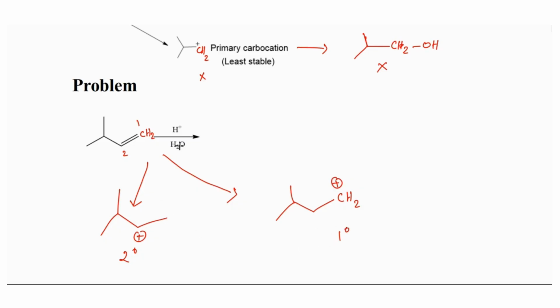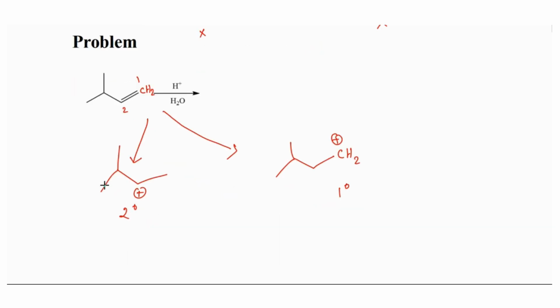We may think that this water will come and attack. No, it's not possible here. This we already learned in the last class in the hydrohalogenation. Wherever there is a possibility of rearrangement of this carbocation, that can occur. You see, here there is a hydrogen, a hydride shift can occur here like this.